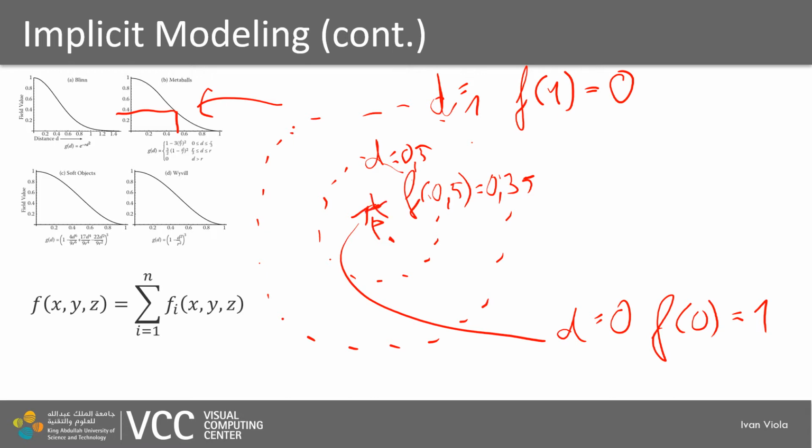Now, this was just one element, and if we then decide to display it, we can, for example, say that we are interested in tracing a functional value, let's say f equals 0.2, and everywhere where the value of our metaballs kernel will be 0.2.